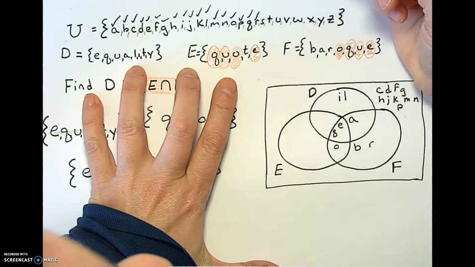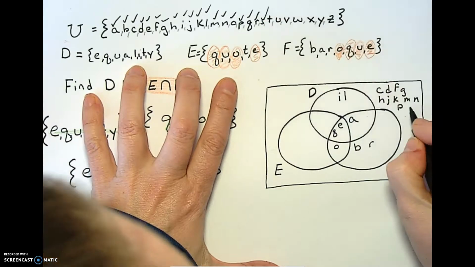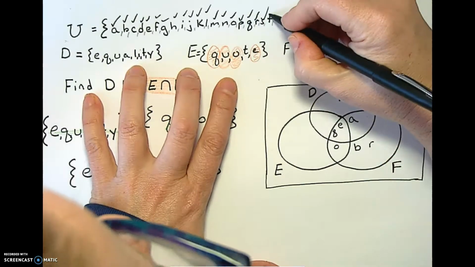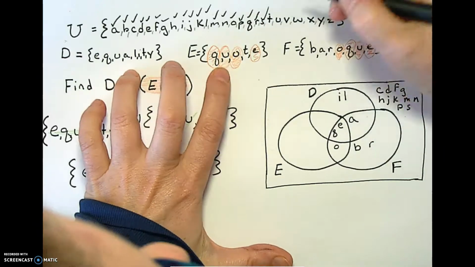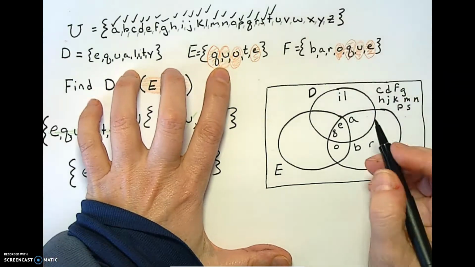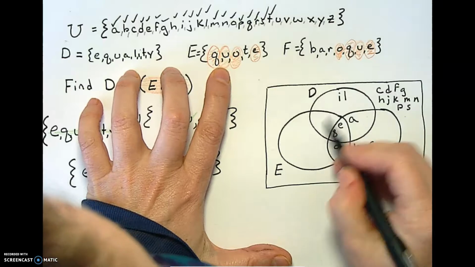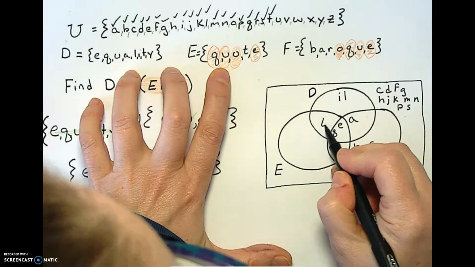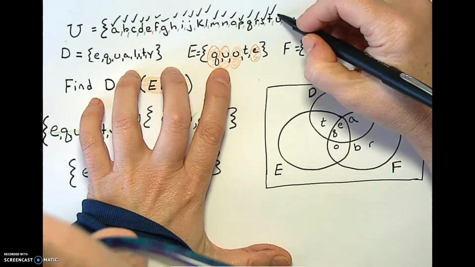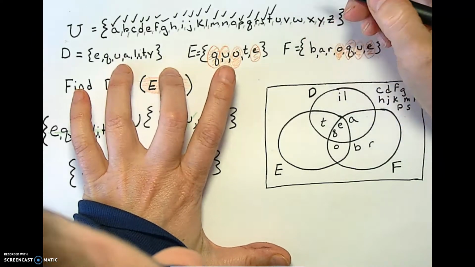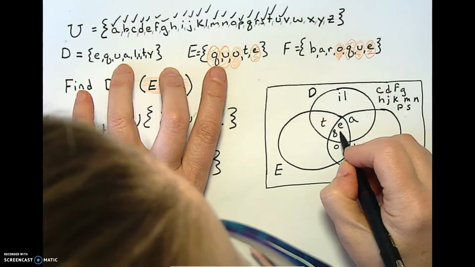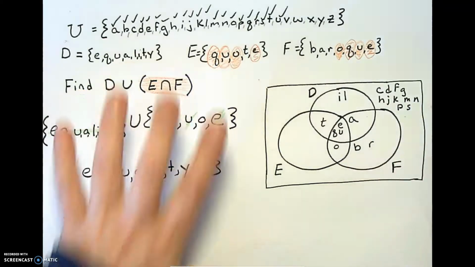S is in none of them. So it's going to go here. T, equality, quote. So those two. So T is in these two sets. U is in all three of them again. There's a lot of stuff in this intersection. I hope I made it big enough.